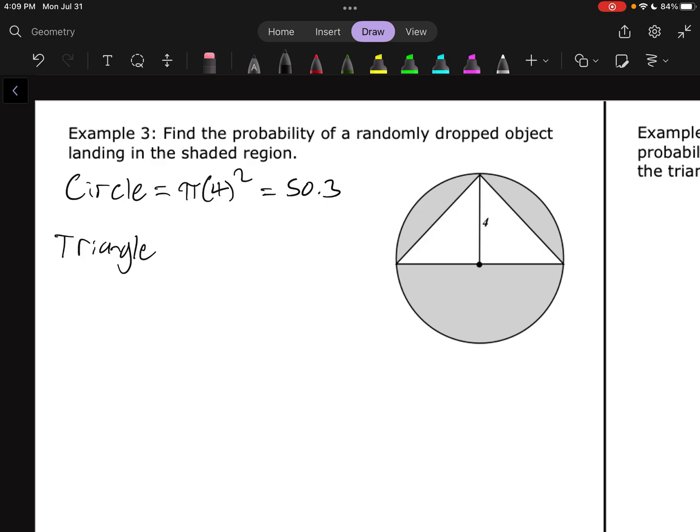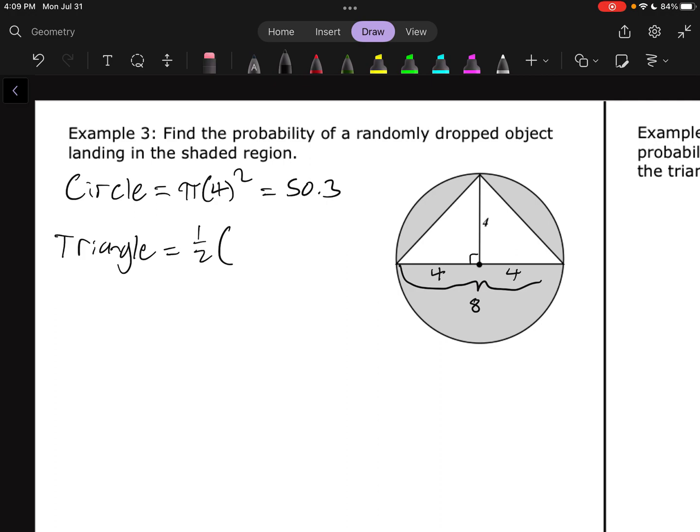Then for the triangle, if the radius is 4, then we could say both of those are 4. So my base would be 8. And so that would be 1/2 times base times height.